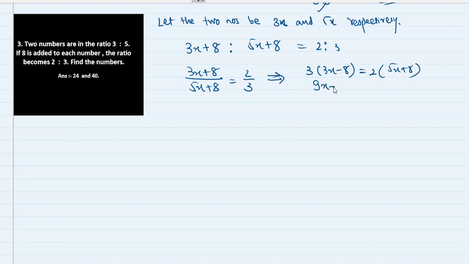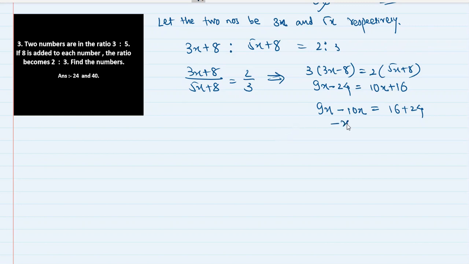So this will become 9x plus 24 is equal to 10x plus 16. So this will become 9x minus 10x is equal to 16 minus 24, right? 16 minus 24.